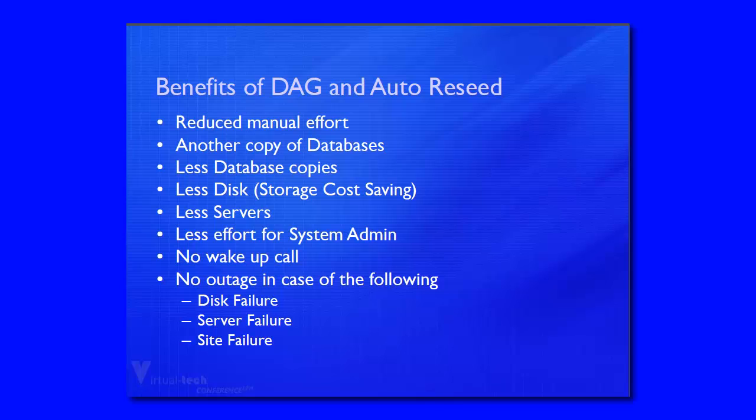I can simply go ahead and reduce at least 2 copies. So 2 copies for 48 databases, 96 copies I'm going to reduce, which means 96 terabytes of storage is available for me.